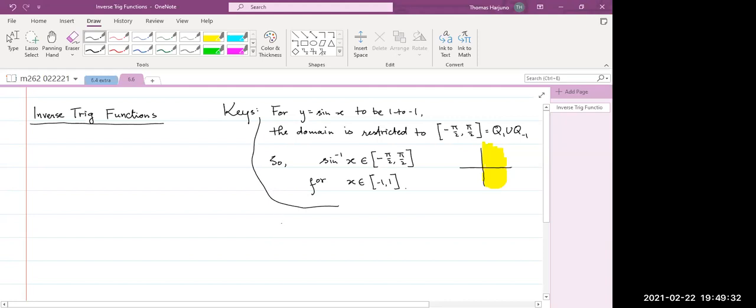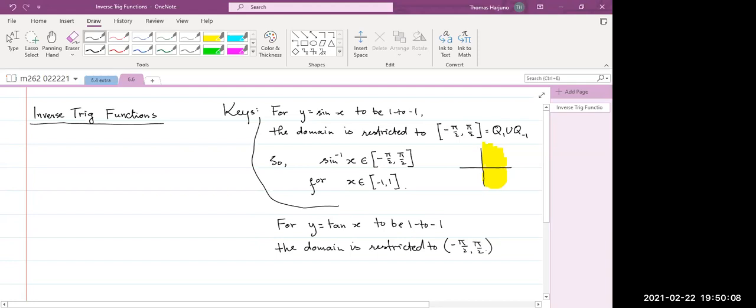For tangent to be 1-to-1, the domain is restricted to negative pi over 2 to pi over 2.